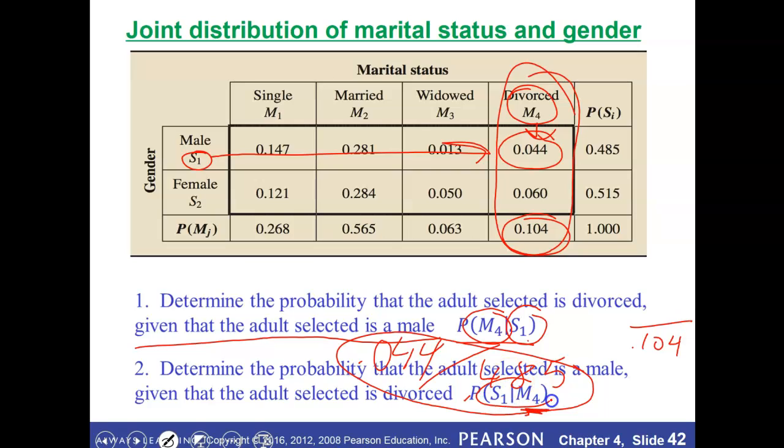Then we want to know the probability that you're a male given that you're divorced. So of those, how many of them are males? Well, that's this right here, S1 and M4, which is the 0.044, divided by 0.104. Whatever this comes out to be, that's the probability that you're a male given that you are divorced, using that table.